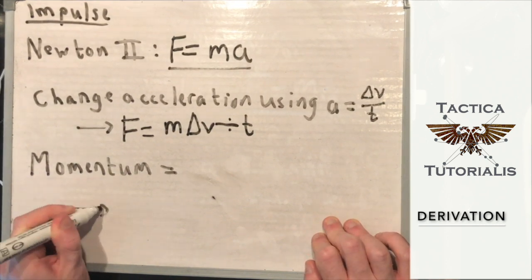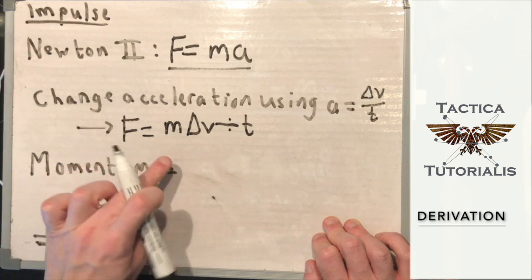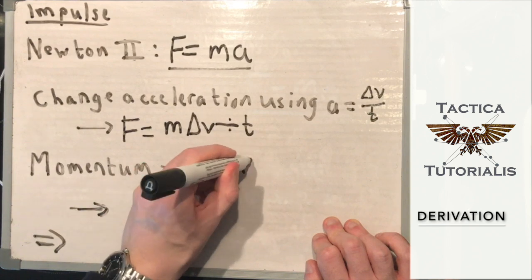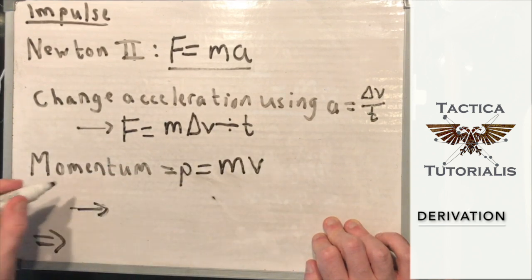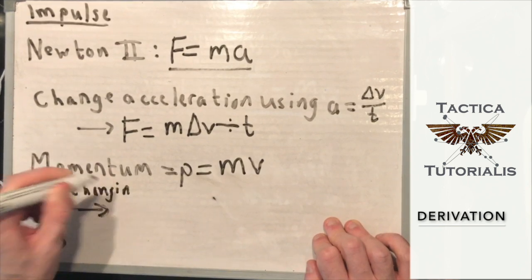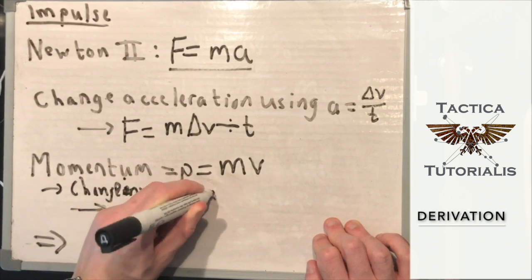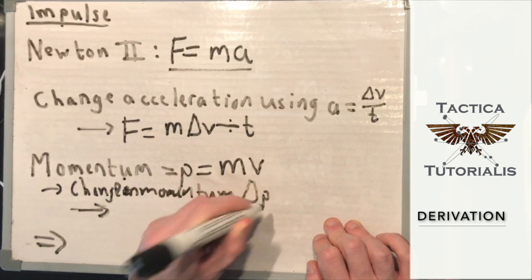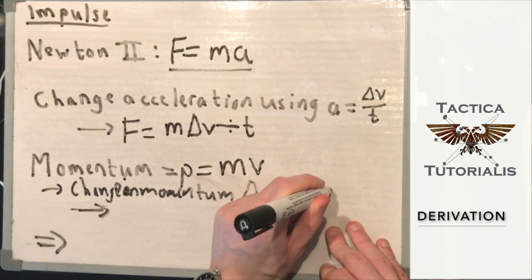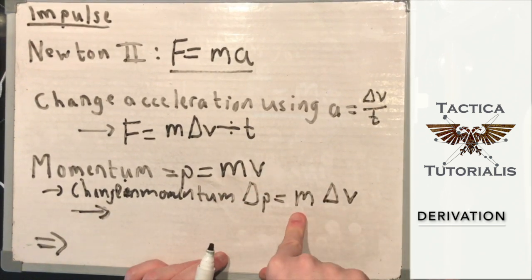However, we've also seen the momentum formula. Momentum p is equal to mv. But we could therefore say change in momentum, delta p, this is a slightly different way of writing it, is equal to m delta v, because generally the mass of an object doesn't change, the mass is usually a constant.